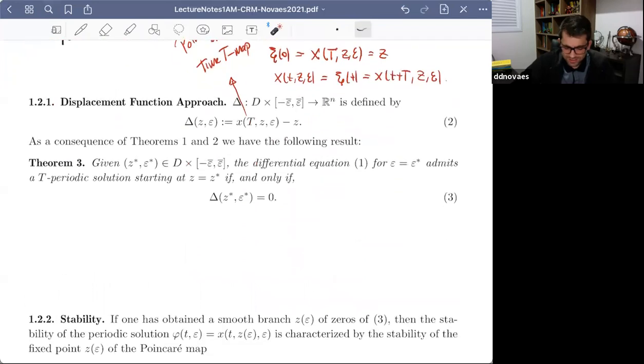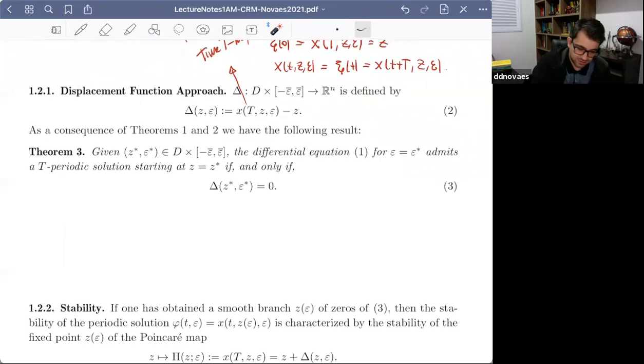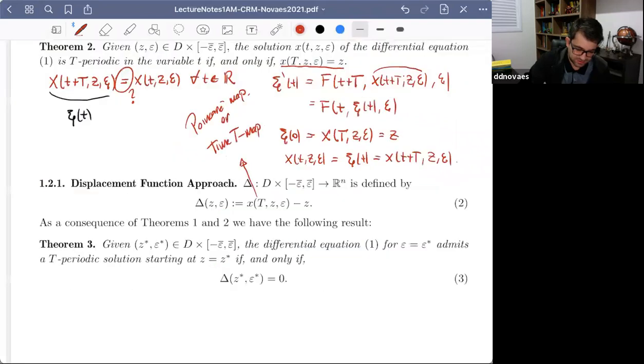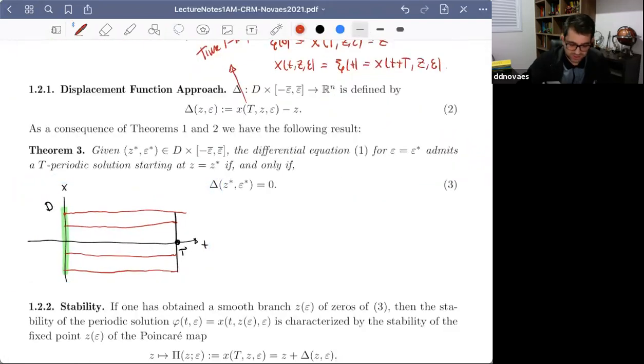The idea here is to associate periodic solutions of our differential equation with zeros of a specific function, in this case the displacement function. Let me place here again our basic picture.